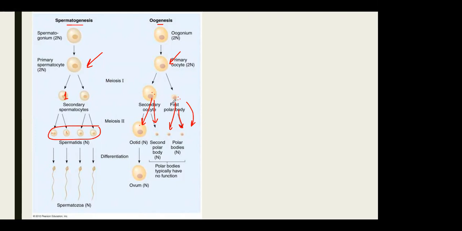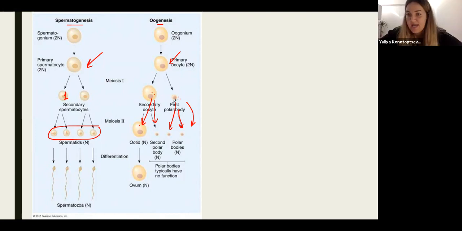Cytokinesis? Very good, we call it cytokinesis. Is cytokinesis equal in oogenesis? No, because you see that one cell gets more of the cytoplasm than another. So this polar body, I repeat, is the oocyte with little to no cytoplasm because of unequal cytokinesis.